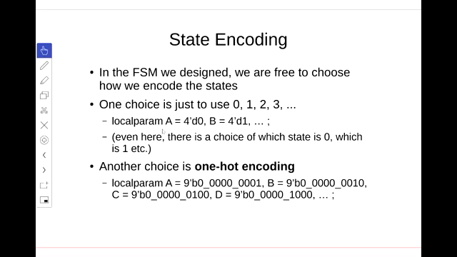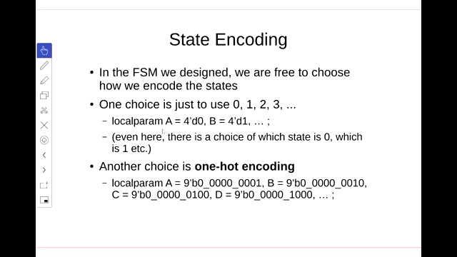That's one-hot encoding. It is inefficient in terms of the number of flip-flops I use. If I have got 16 states, and I number them 0 to 15, I only need 4 flip-flops. If I use one-hot encoding, I need 16 flip-flops. So it's inefficient in the number of flip-flops I use, but there's a benefit I get.